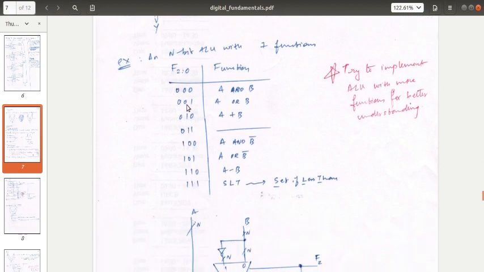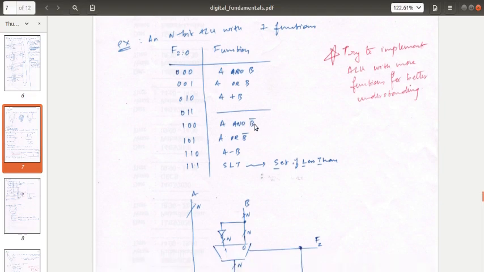Now let's consider an n-bit ALU which can do 7 functions. This is basically the truth table for it. F2 F1 F0 will be 000 to 111. So there are basically 8 combinations, and the functions that we are trying to implement here are A and B, A or B, A plus B. This is an arithmetic operation. For 011 there is no operation.